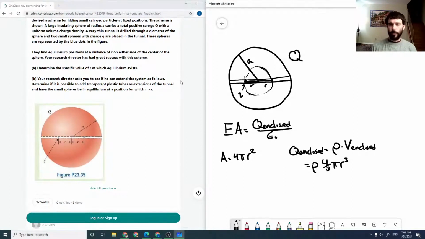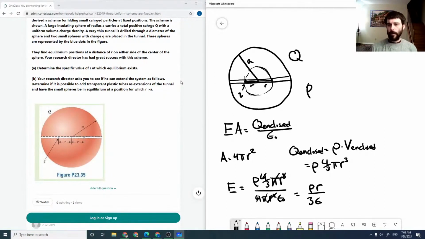So our electric field is rho 4/3 pi r cubed over 4 pi r squared epsilon naught. We can cancel much of this and get rho r over 3 epsilon naught.